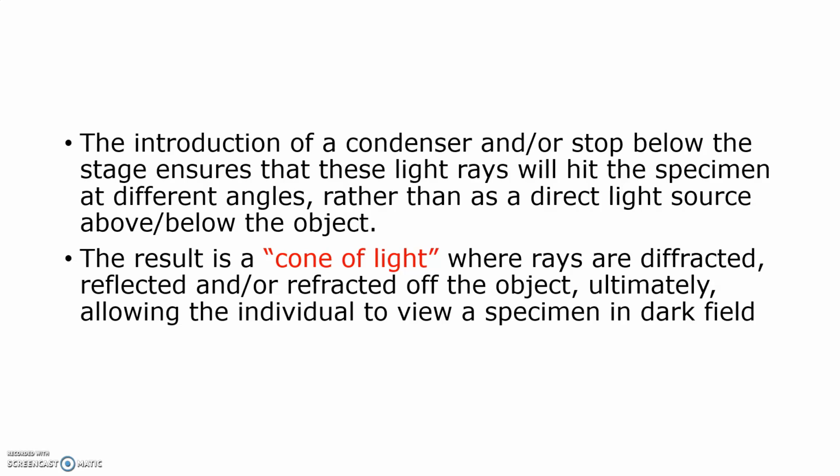It may result in a type of light called a cone of light, where the rays are diffracted, reflected and refracted off the object, ultimately allowing the individual to view a specimen against a dark background.